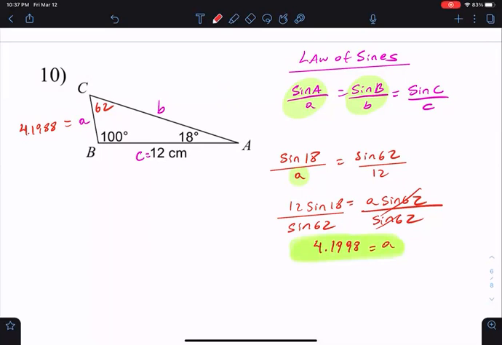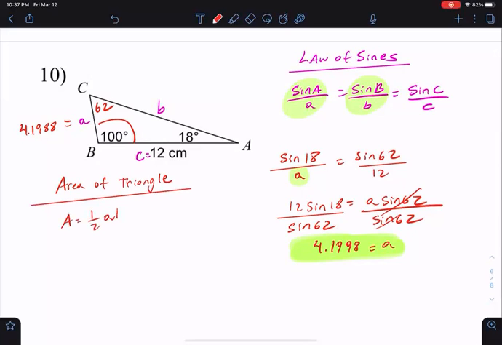So at this point I can find the area because I have two sides and an angle in between. The angle in between is this 100. So I can use the formula 1/2, the area of a triangle using the oblique triangle formula, which is area equals 1/2 ab sin C. And we have the derivations: area equals 1/2 bc sin A, and area equals 1/2 ac sin B, right?